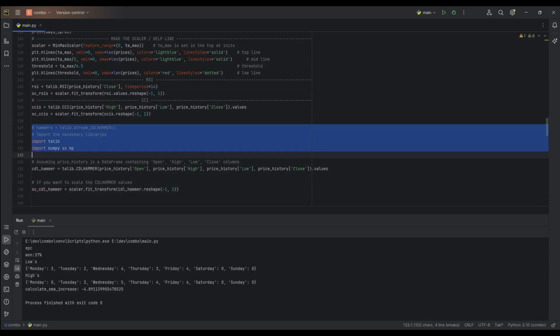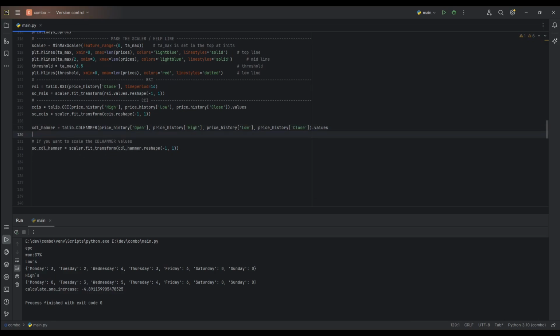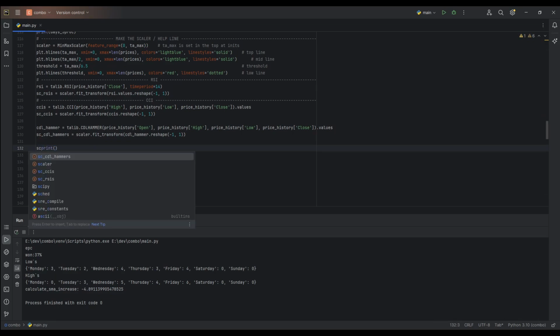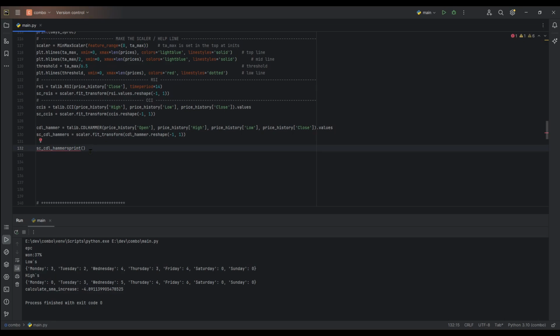So we already have these. The hammers here, opening, price history, okay, that's all good. So it says hammer, I call it hammers, do it like this. And let's see if we print this for a sec.